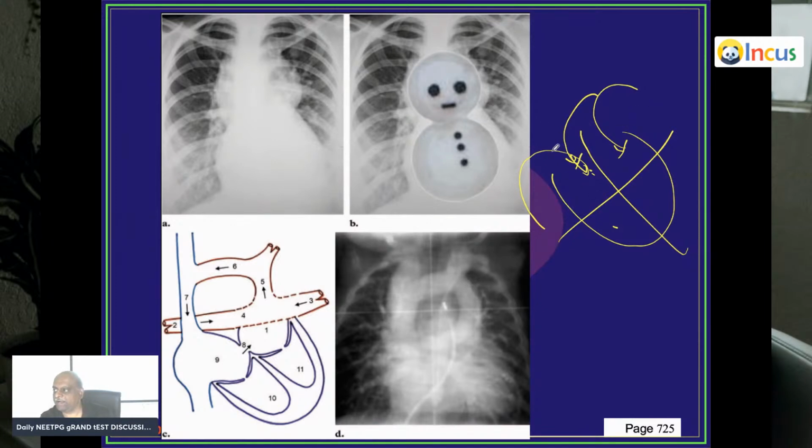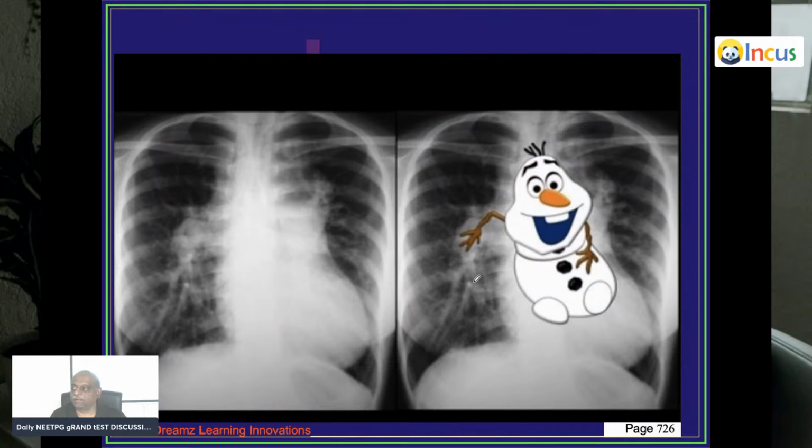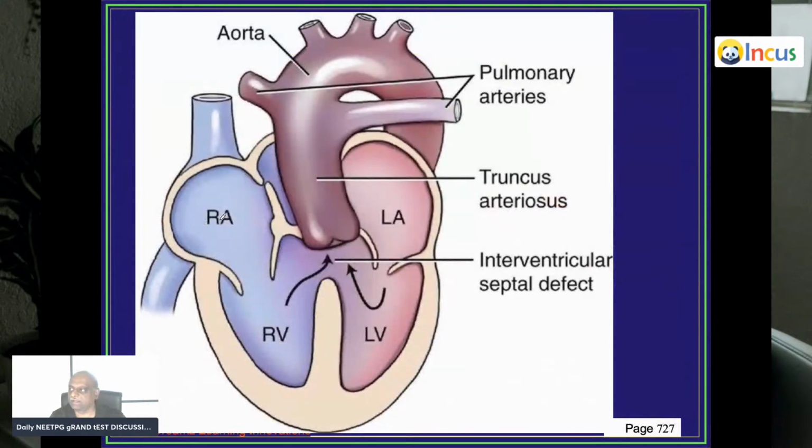So right and left pulmonary veins combine to form a common pulmonary vein, and that drains into the right atrium. In the process, they form a figure of 8. This is the typical figure of 8 or snowman appearance, as you call it.